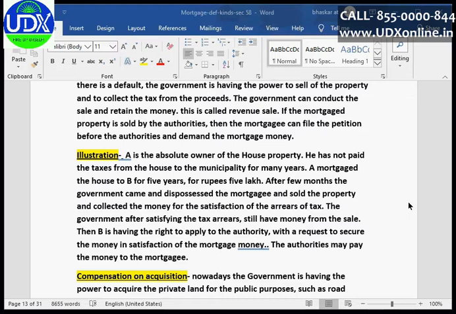Afterwards the government is going to give that amount of money to the mortgagee, because he should not suffer. He is not a party to the default. He has suffered, and he shall be reimbursed by the government.